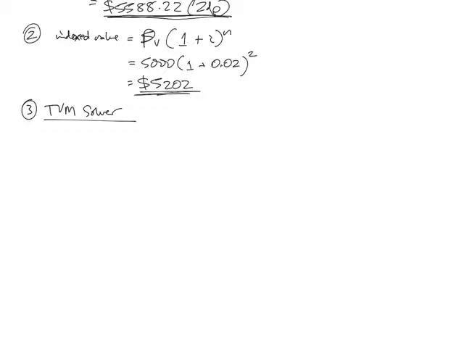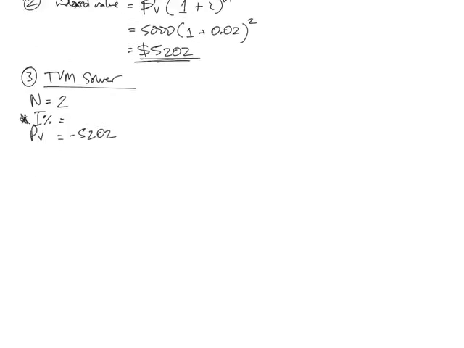So N is going to be 2, because it's for 2 years. I%, I'm not going to put anything in because I'm solving for that. When you're working it out on your piece of paper, you're going to put a star there because you're going to solve for that. Then PV, we've said, is going to be your answer from step 2 as a negative, so negative 5202.